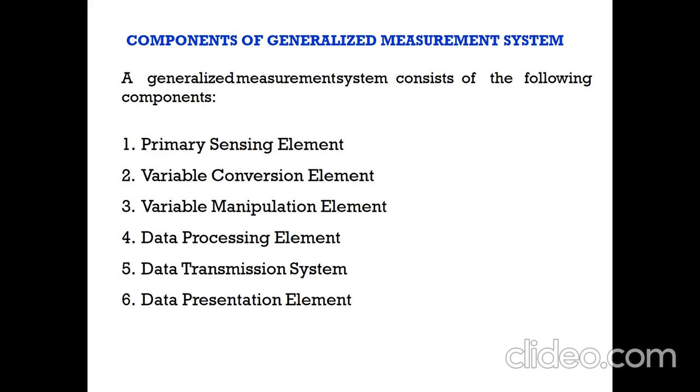However, in more complex measurement situations, a measuring system consists of several separate elements as shown in the figure. A generalized measurement system consists of the following components: primary sensing element, variable conversion element, variable manipulation element, data processing element, data transmission system, and data presentation element.